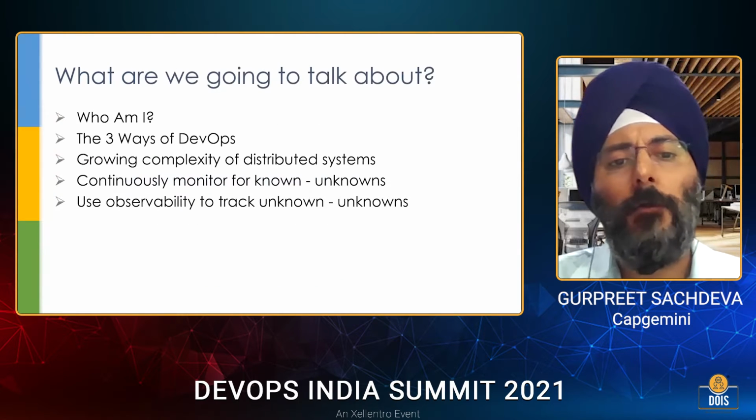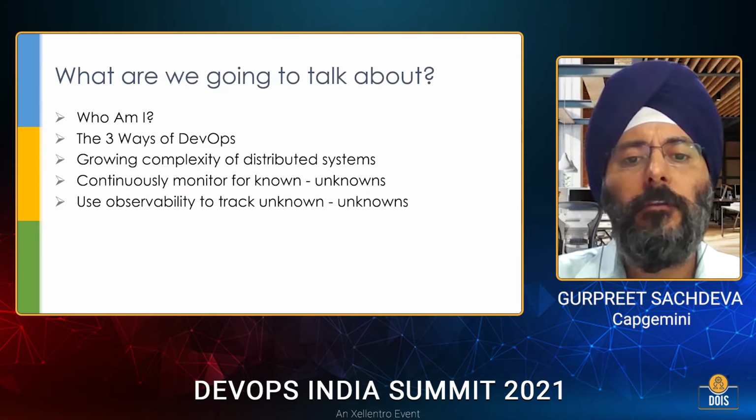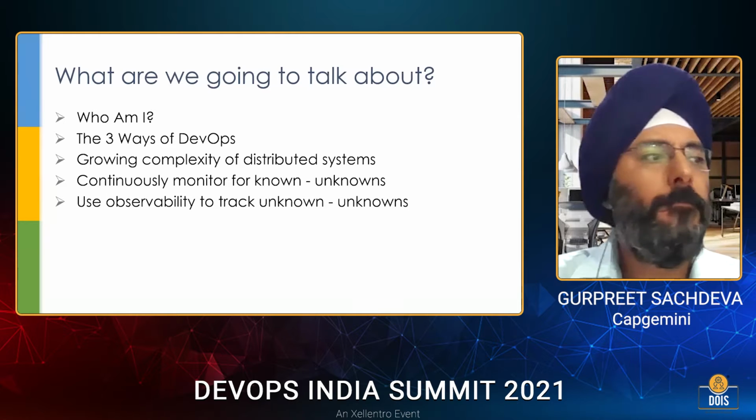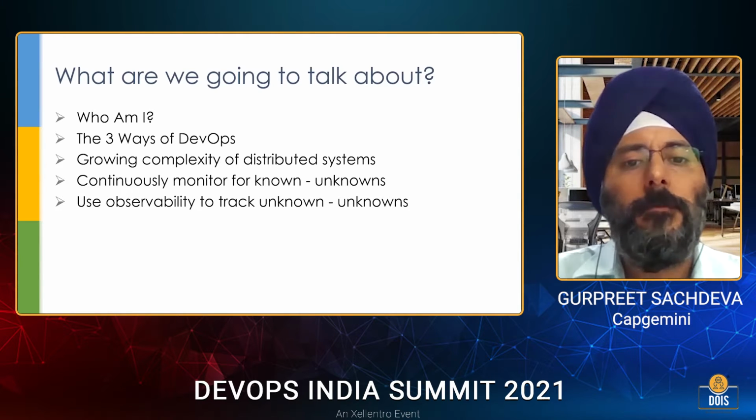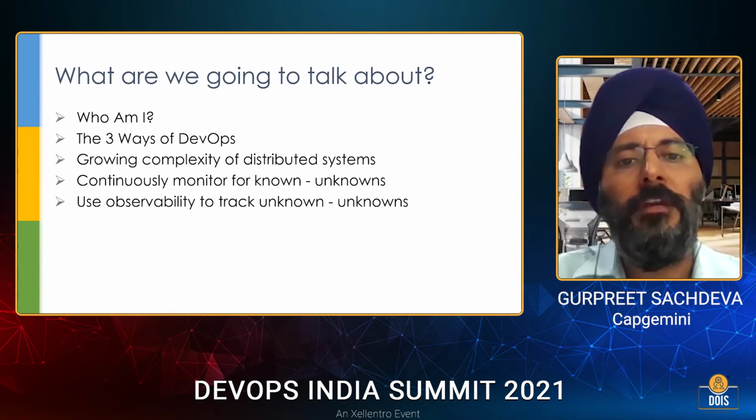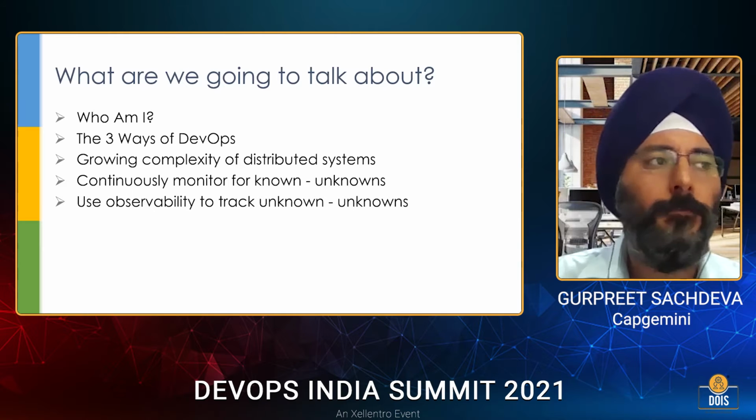In this session, I want to talk about how to continuously monitor our systems in the DevOps environment. DevOps practices advocate shift left of testing and also shift right of feedback. In fact, the three ways of DevOps. The second way is all about creating the right to left feedback loops.